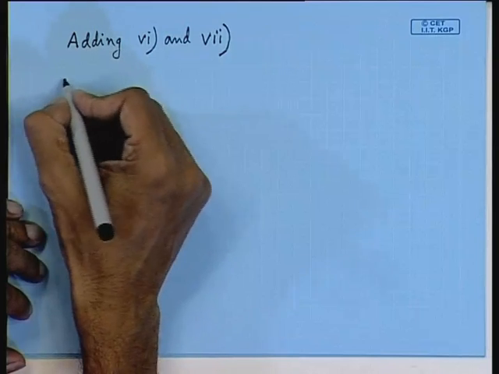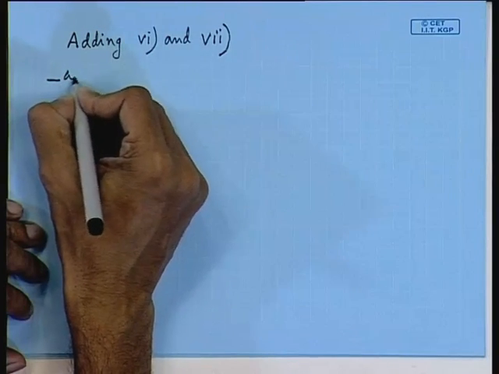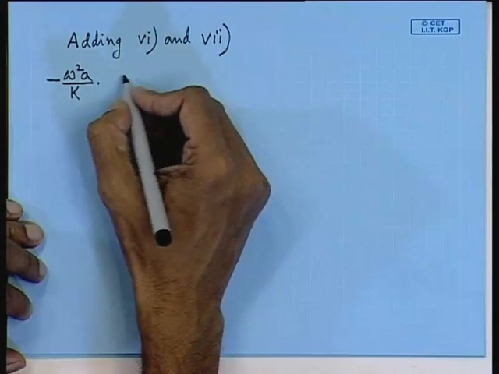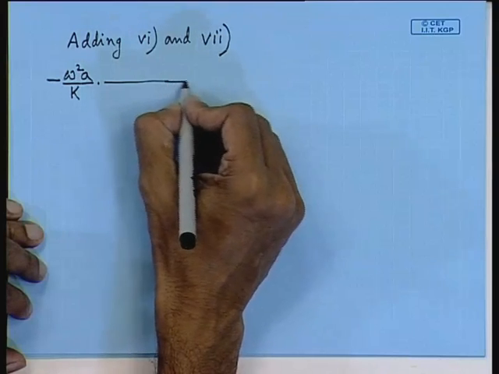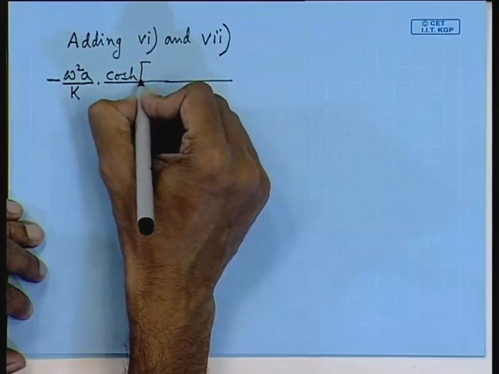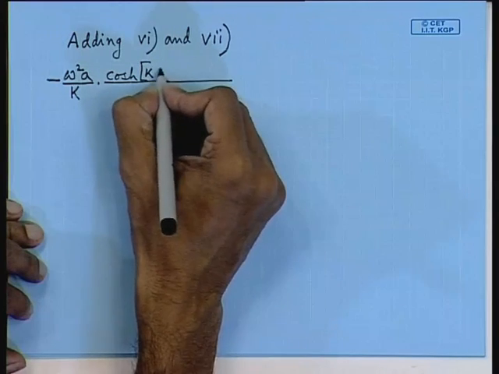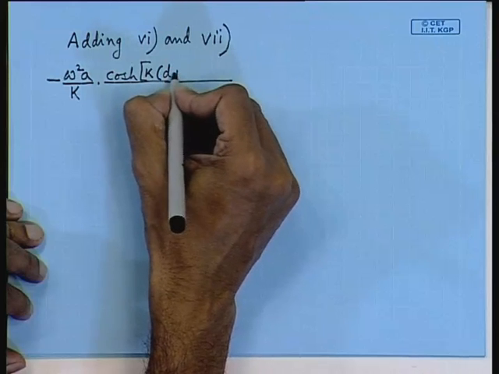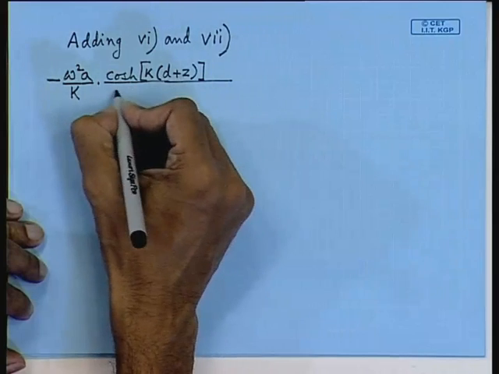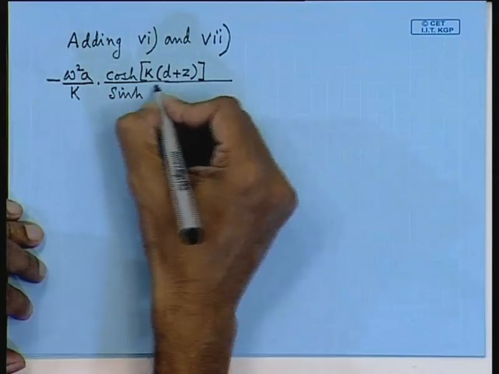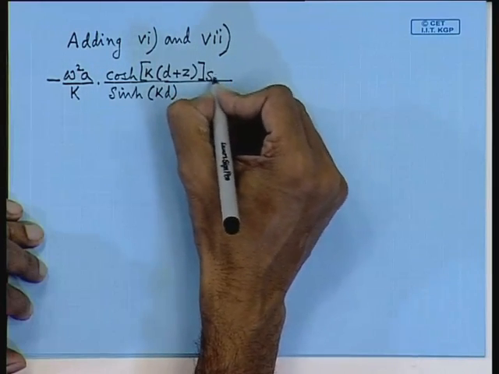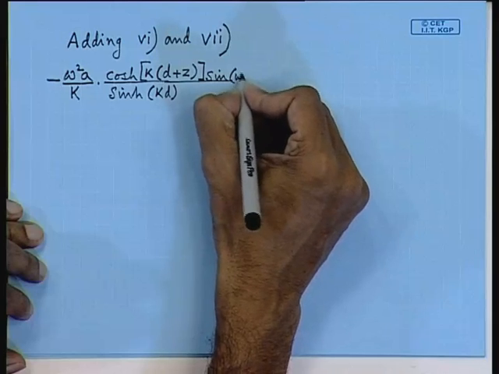Here we get the large expression: omega square A over k multiplied by this factor, cosh of k into d plus z, over sinh k d. Now, you simplify this expression.